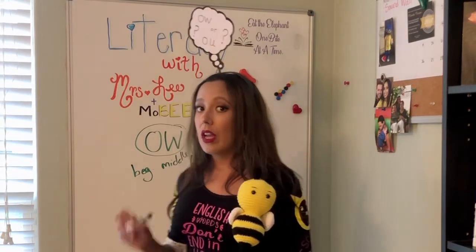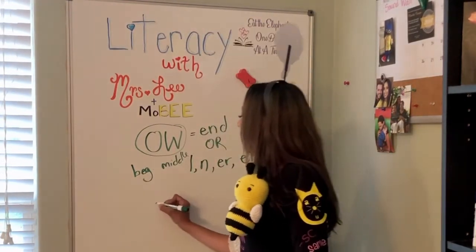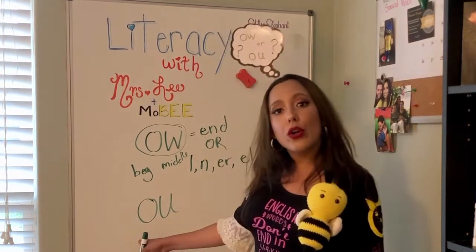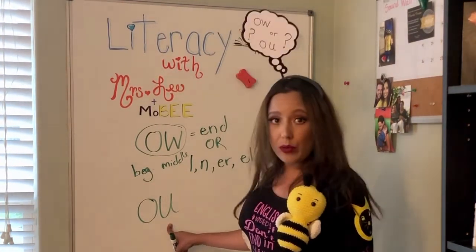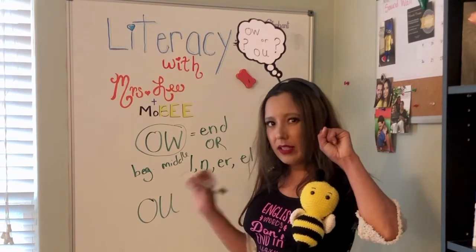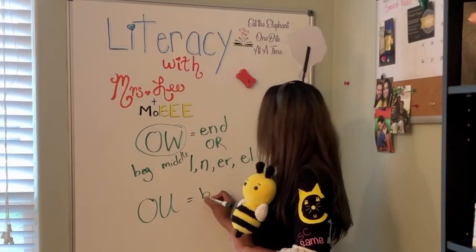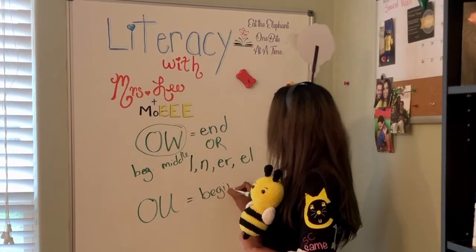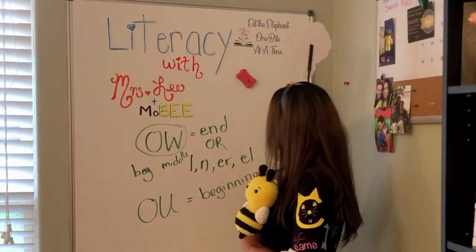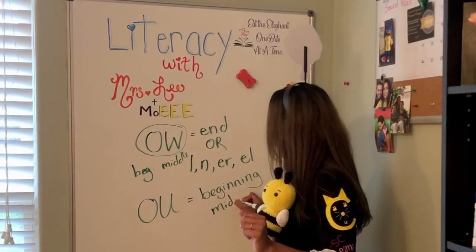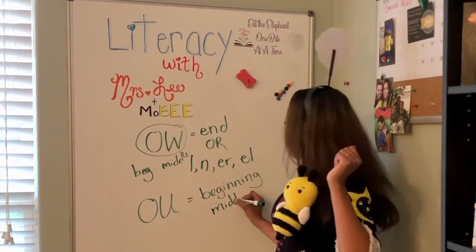Now, OU. You would spell the word with an OU if you hear that ow sound in the beginning or in the middle of the word.